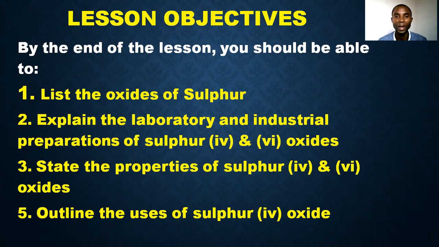Number three, you should learn how to state the physical and chemical properties of sulfur 4 and sulfur 6 oxides. And finally, you should be able to outline the uses of sulfur 4 oxide. So these are the things we want to achieve by the end of this video, and we'll be taking them one after the other as we run this class.